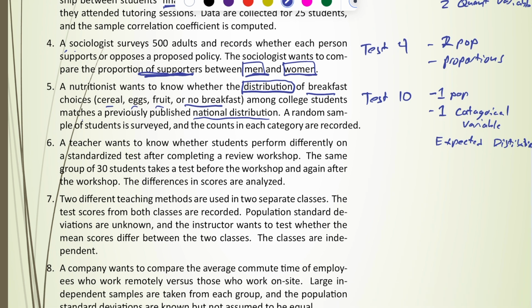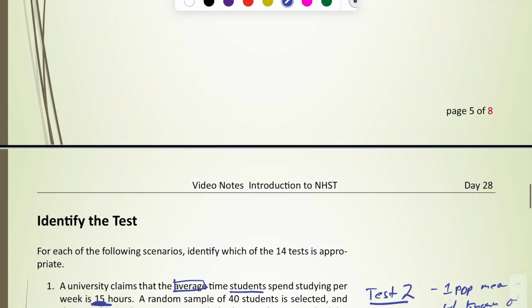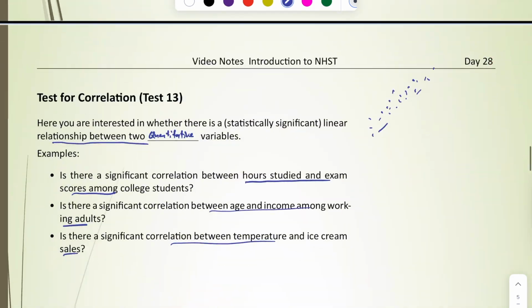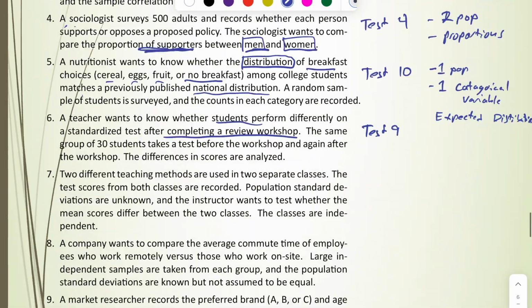Six. A teacher wants to know whether students perform differently on a standardized test after completing a review workshop. Differently after completing. This one sounds like test 9, what we call the matched pair test. What do we call it here exactly? The paired population means.